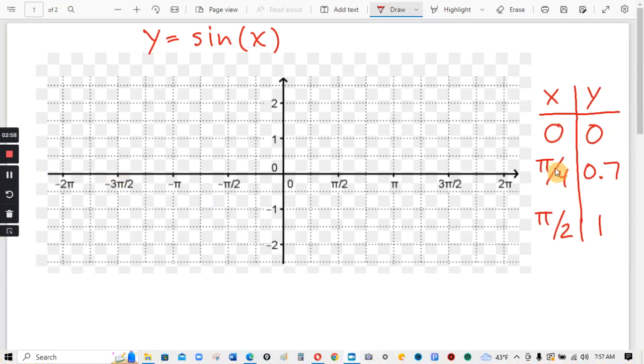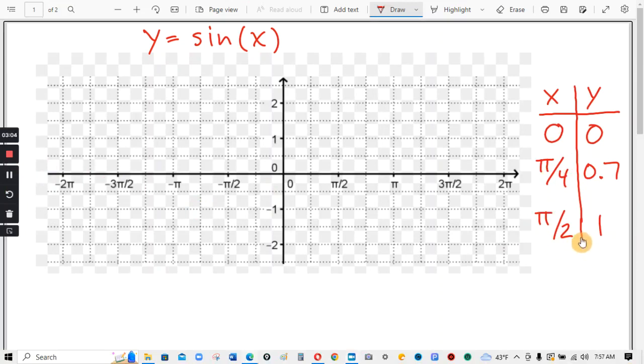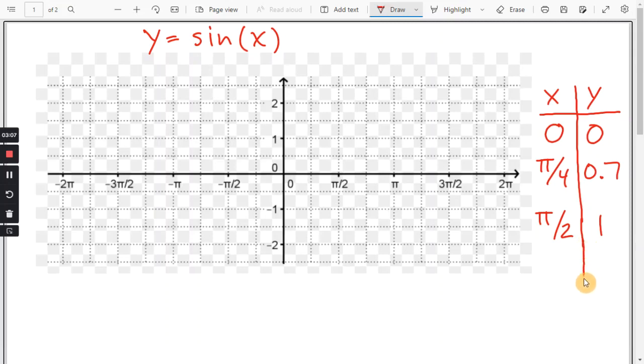All right, now I'm just going to extend these values, and I'm going to increment by 1/4 pi each time. So this is 1/4 pi, this is 2/4 pi, next up is going to be 3/4 pi, or 3 pi over 4, and then finally 4/4 pi, which is just pi.